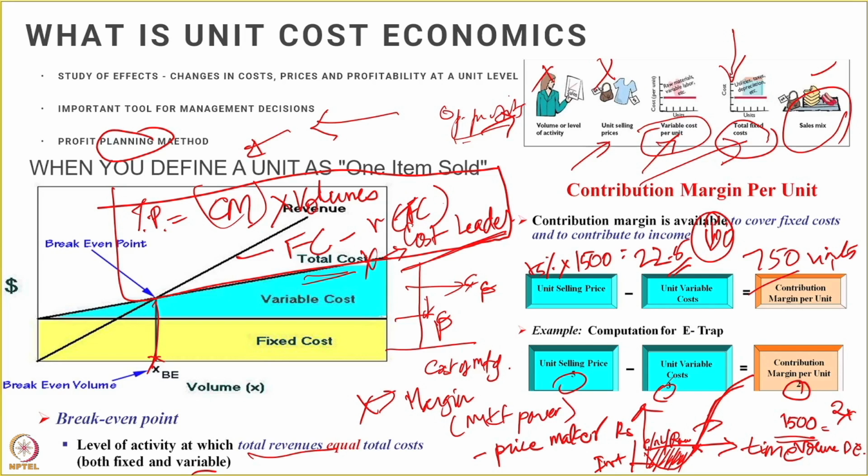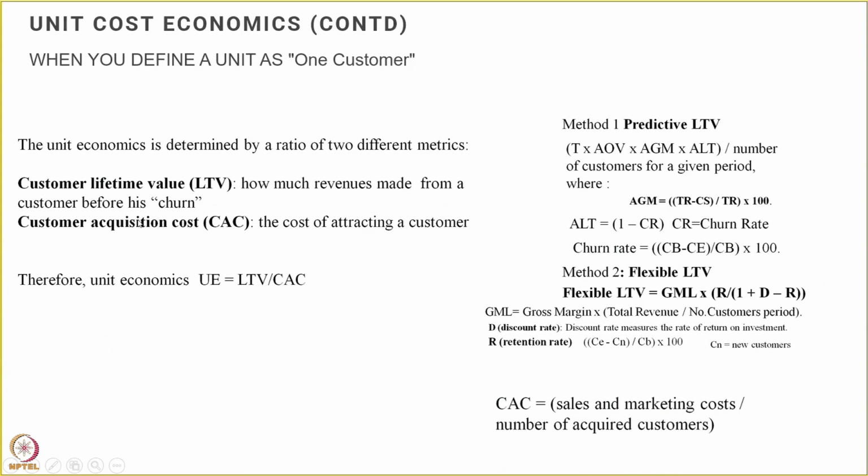There's another type of business which is most often encountered nowadays, and this is not to do with a linear flow of production of products which are sold into the market, but more in terms of marketplaces or software as a service. For these businesses, the unit cost economics works differently.